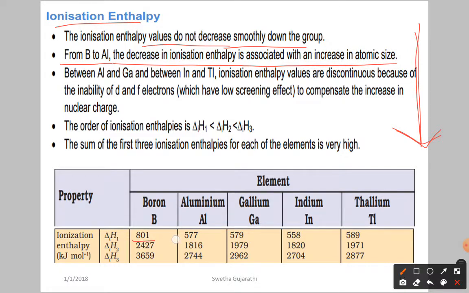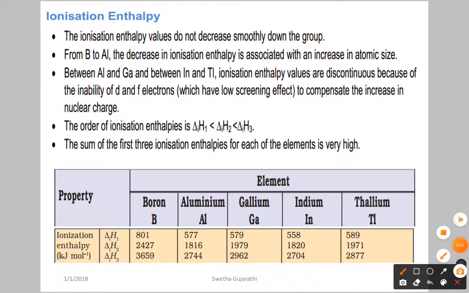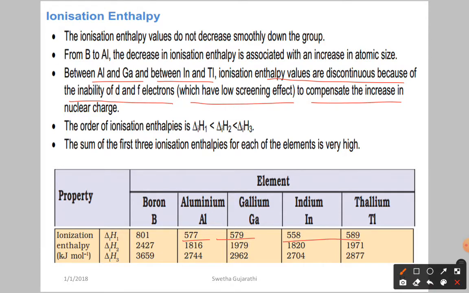But from aluminium to gallium, and between indium to thallium, the values are discontinuous because of the inability of d and f electrons, which have a low screening effect, to compensate for the increase in nuclear charge.